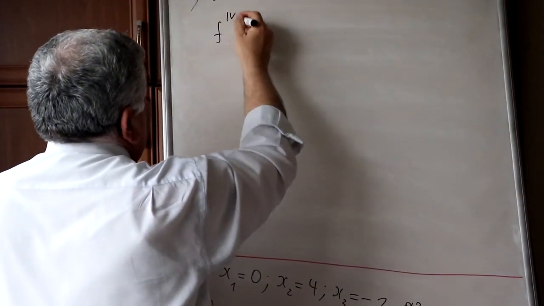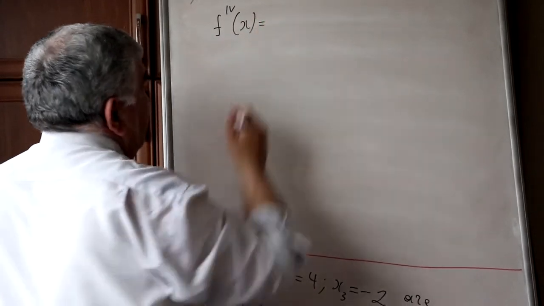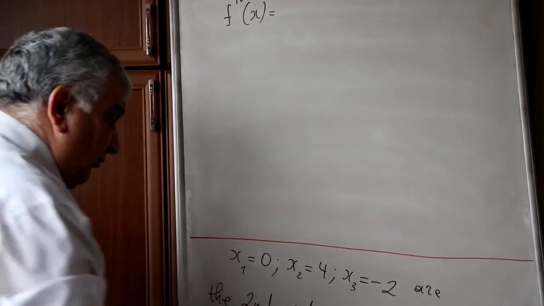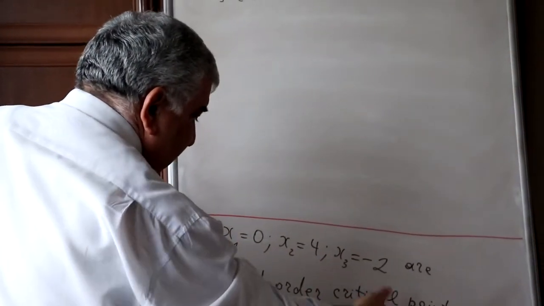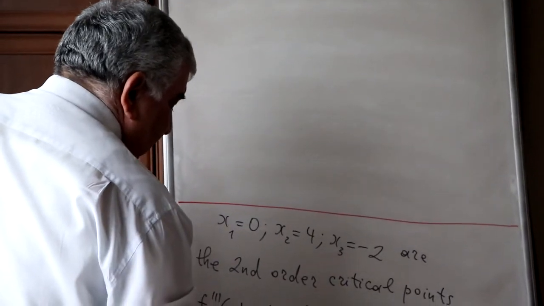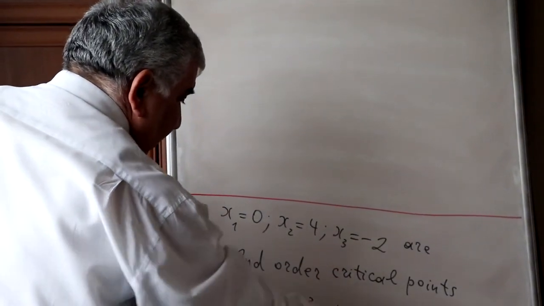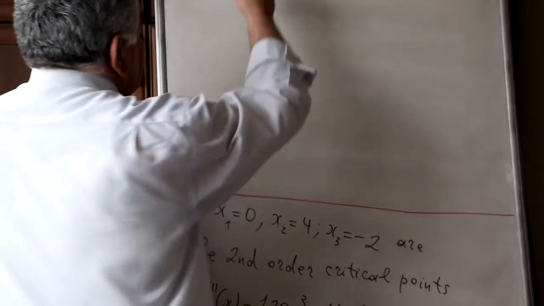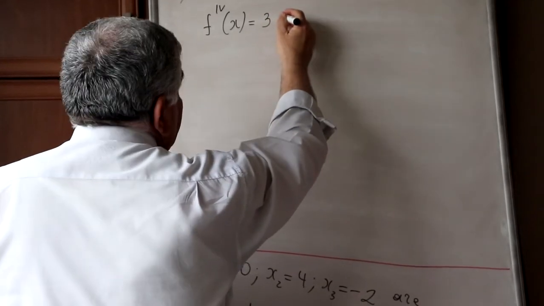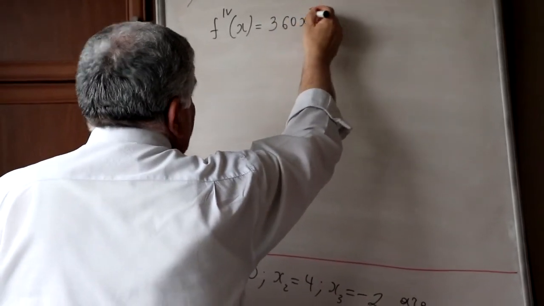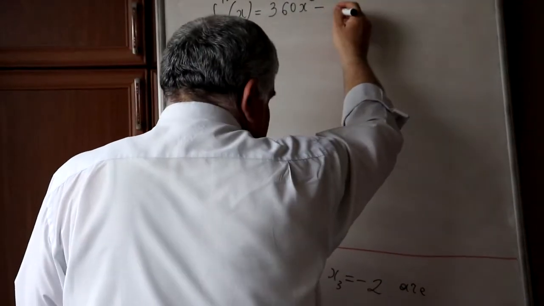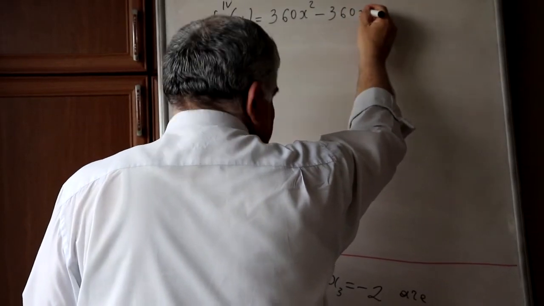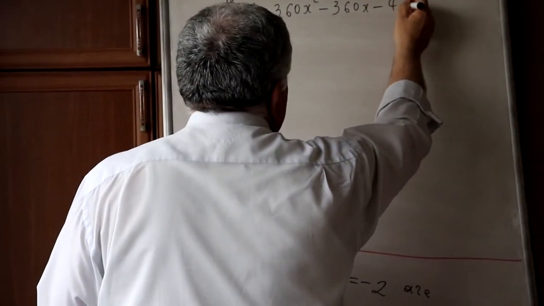The fourth derivative is the derivative of the third derivative. We have the non-factorizing expression of the third order derivative and find the derivative of this expression. It is 360x squared minus 360x minus 480.